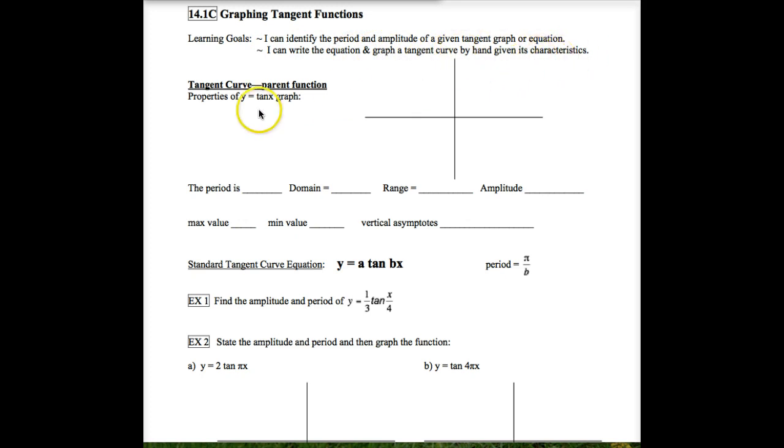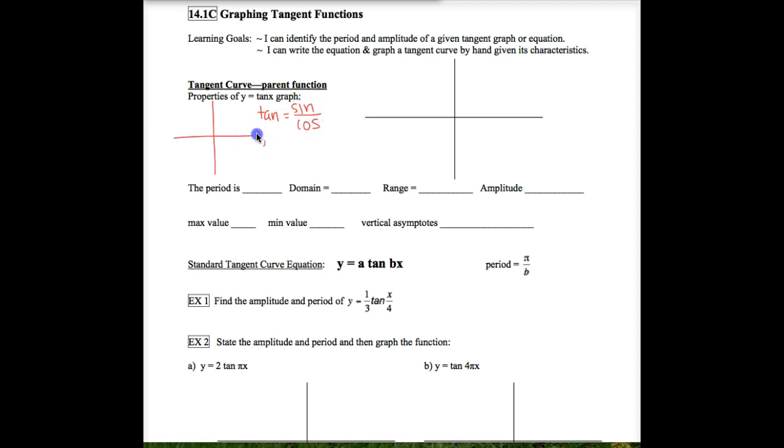So just like before, we need to first take a look at our parent function. So our tangent curve parent function is y equals the tangent of x. And again, remember that we are basing all of this off of points that we would get off of the unit circle. And on the unit circle, remember that tangent is sine divided by the cosine.